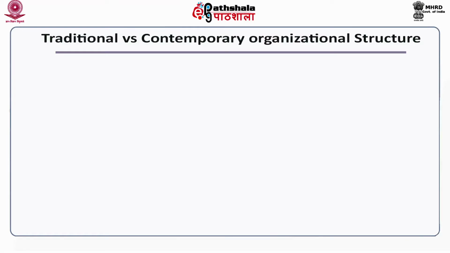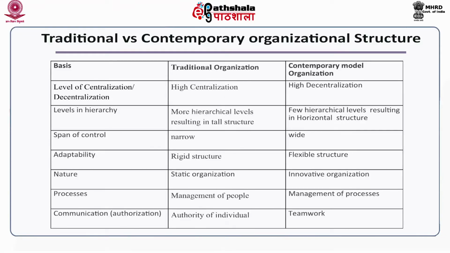Differences in structure of the traditional and contemporary organizations. On the basis of level of centralization or decentralization, a traditional organization has a high level of centralization, whereas in contemporary organizations there is a high level of decentralization. On the basis of levels in the hierarchy, in traditional organizations there were more hierarchical levels resulting in a tall structure, whereas in the contemporary model, organizations have few hierarchical levels which results in a horizontal structure.